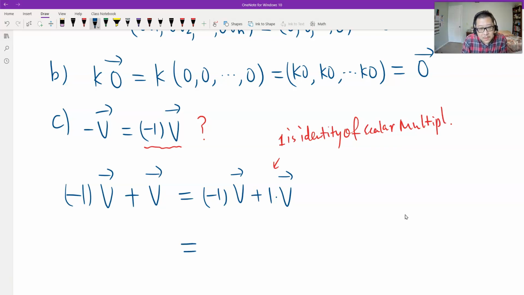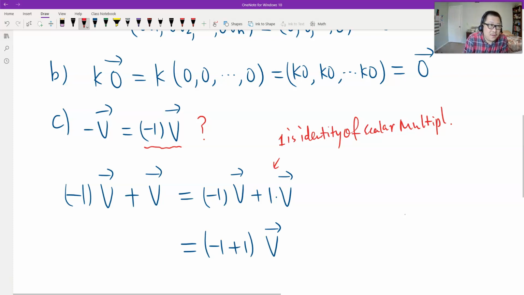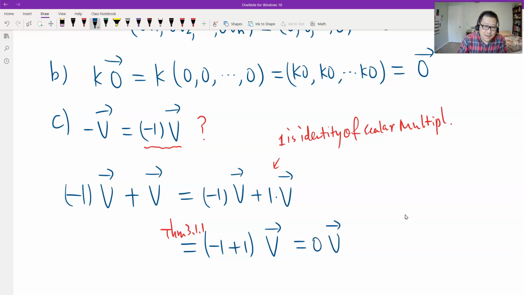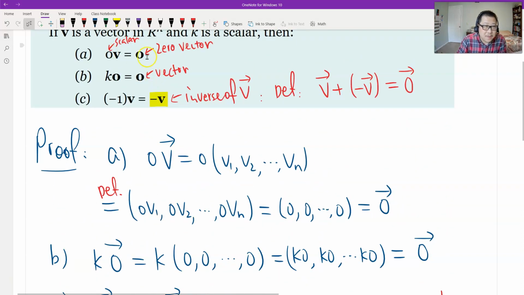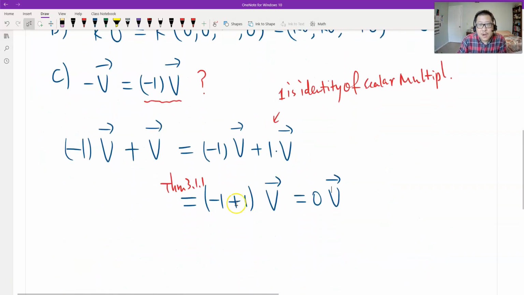And one more. This equals (-1 plus 1) times v, by the distributive property from the previous theorem 3.1.1. Putting it together, this is just 0 times v. The vector 0 times v equals 0, which we already proved in part A. So this equals the 0 vector.